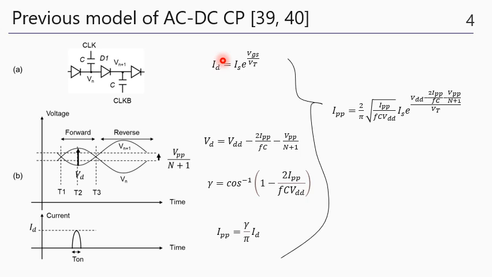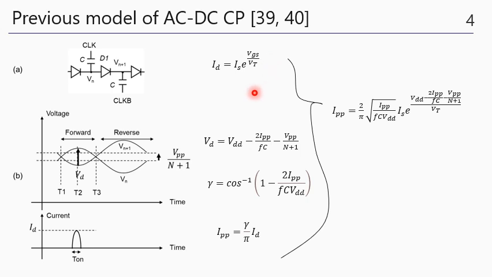First, I'm going to review the previous model of the AC/DC charge pump. Here's the circuit, the sub-circuit, and the diode is modeled with this equation. This is about the same as when the MOSFET is in a subthreshold region.